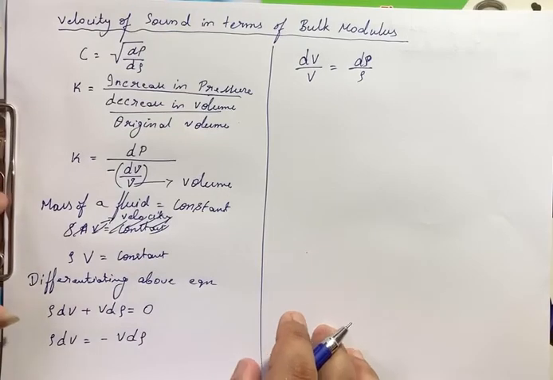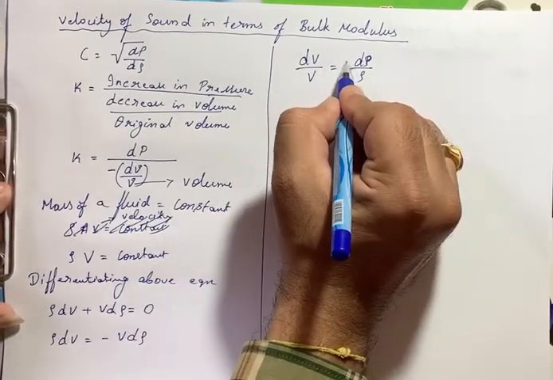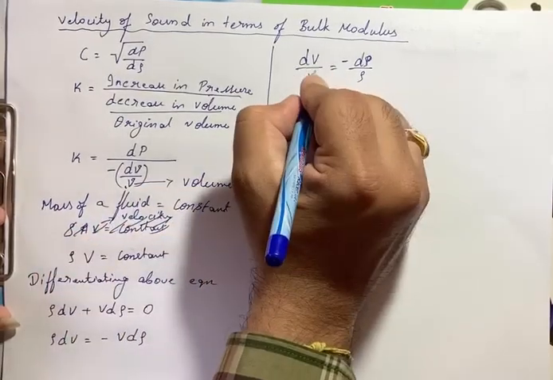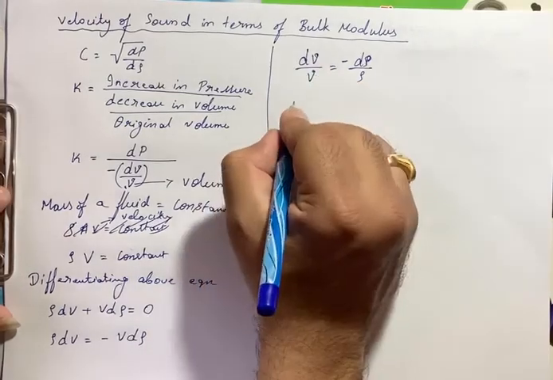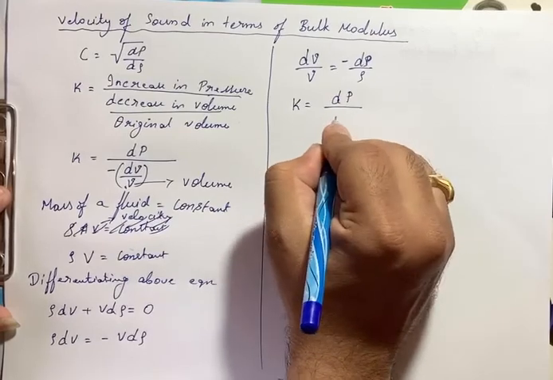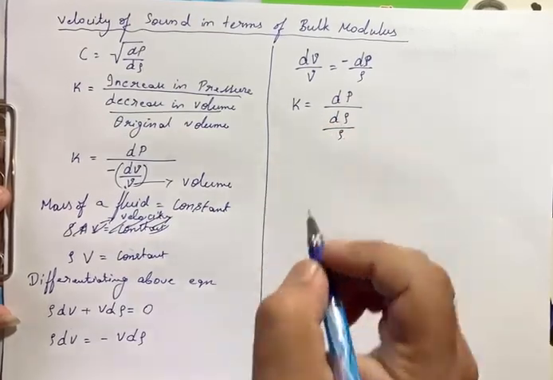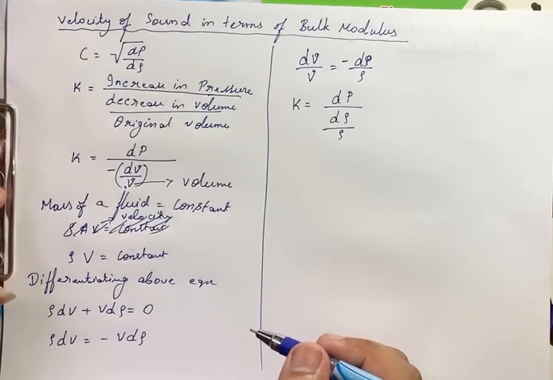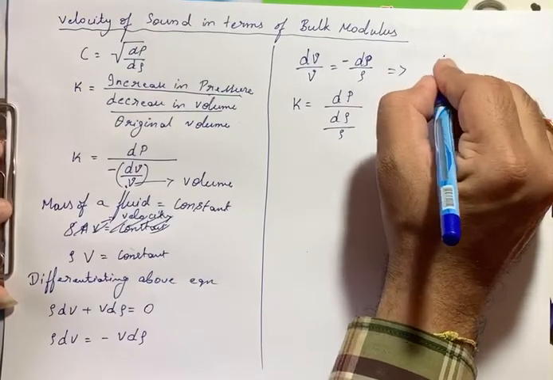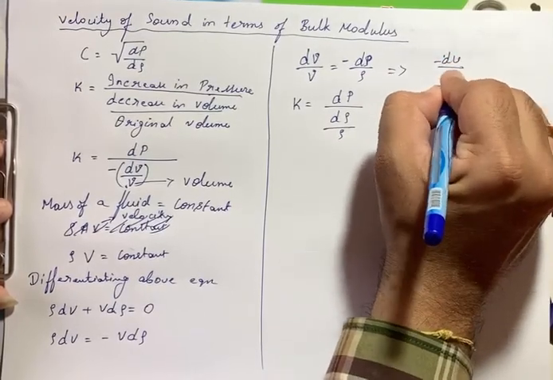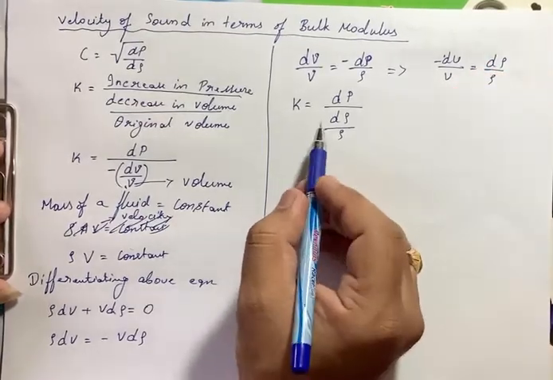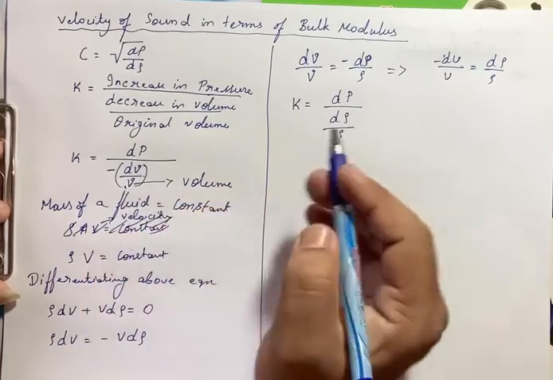Now I substitute minus dv by v in the bulk modulus equation. So I'll get K is equal to dP divided by d rho by rho, right? I have substituted this in the bulk modulus formula.